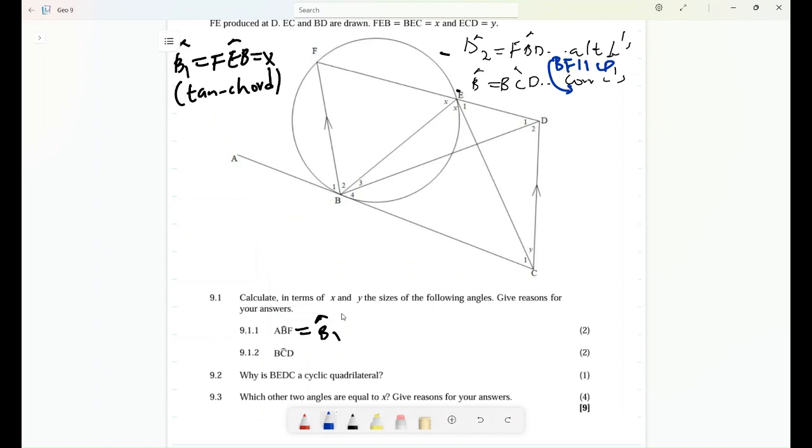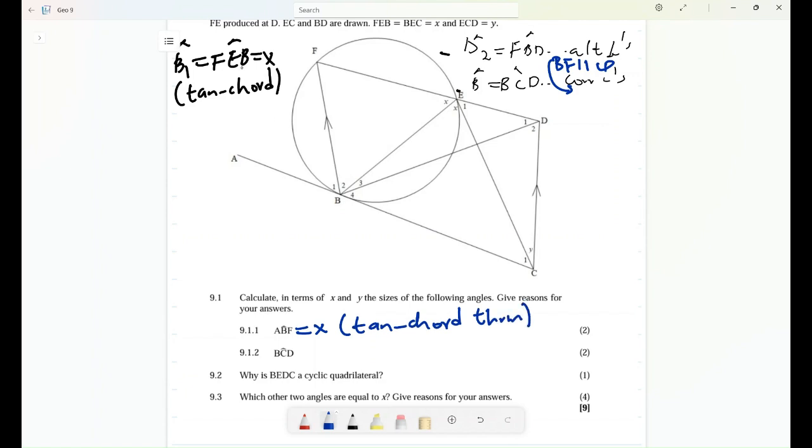I just come here and say that angle is equal to how much? It is equal to X. I do not care what else it is equal to. I know it is equal to X. Why am I saying it is equal to X? My reasoning is the tan chord theorem. I'm done.